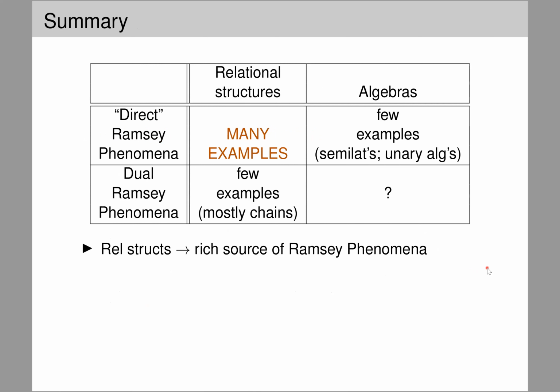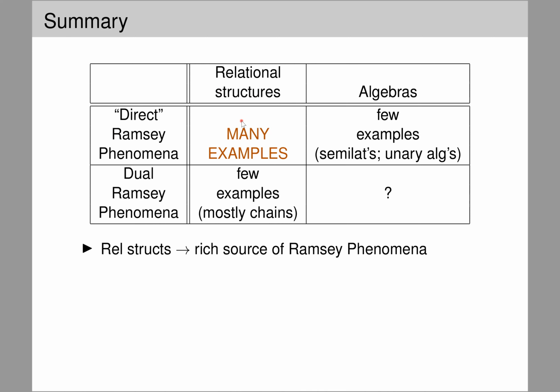All right. So in this short overview of Ramsey phenomena, we've seen that there are many examples of direct Ramsey phenomena in relational structures: linearly ordered graphs, partially ordered sets, posets, equivalence relations, metric spaces with linear orders.